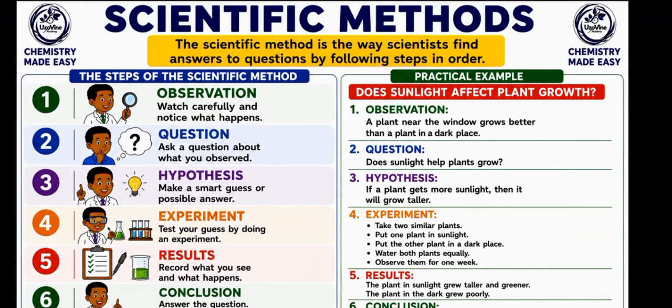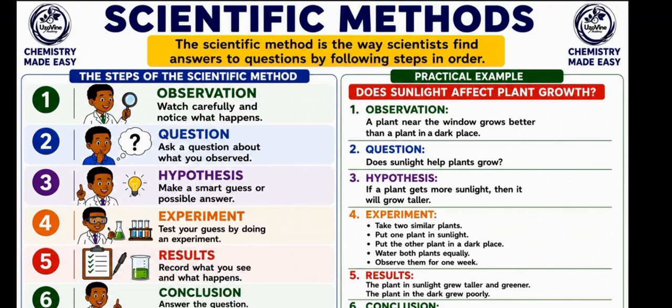Number 3, hypothesis. If a plant gets more sunlight, then it will grow taller. If is a conditional statement. You are guessing. Number 4, experiment. You experiment what you've observed.